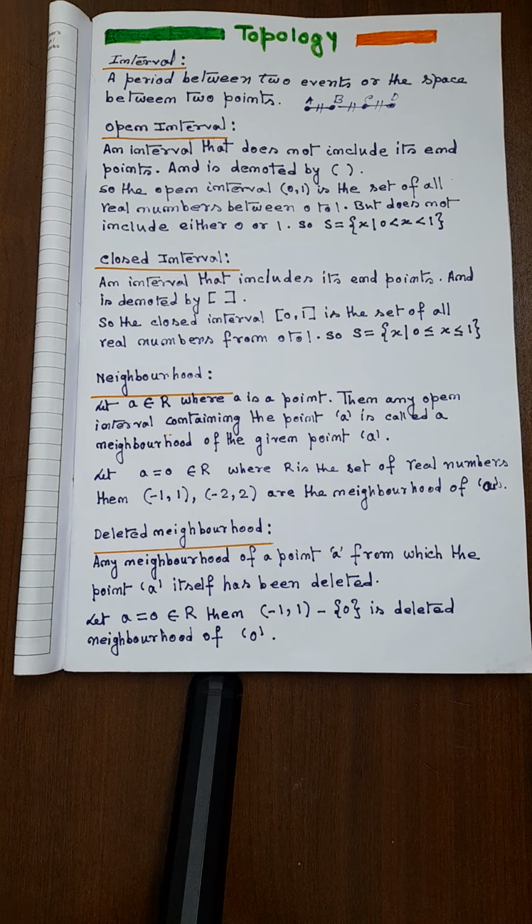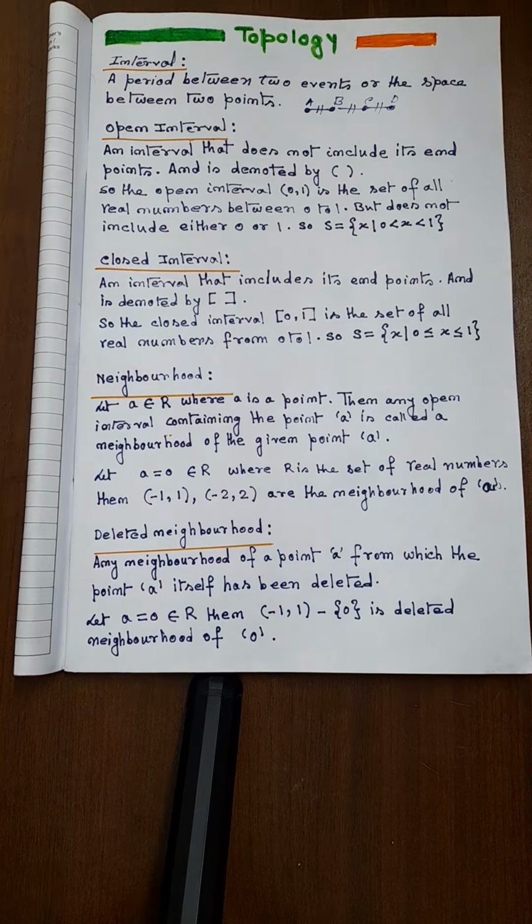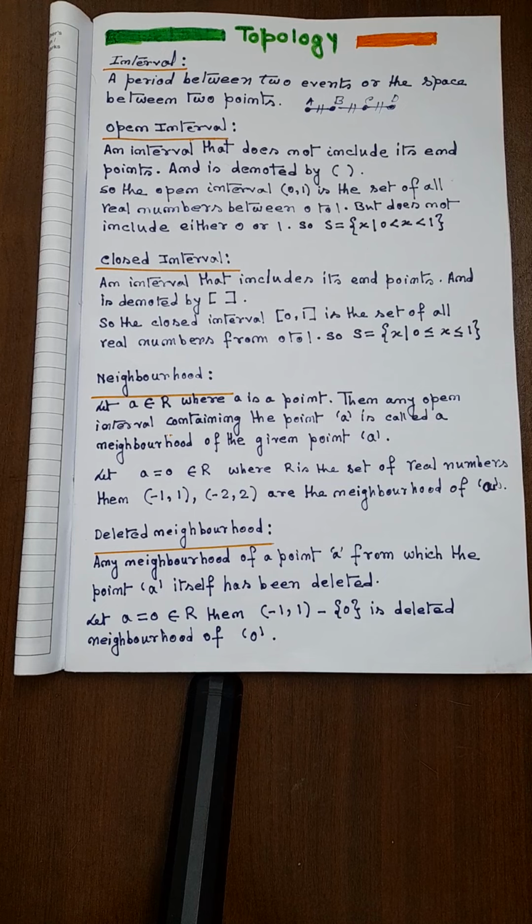Now what is an open interval? An interval that does not include its end points and is denoted by open and close round brackets. Okay, so the open interval (0, 1) is the set of all real numbers between 0 and 1 but does not include either 0 or 1.